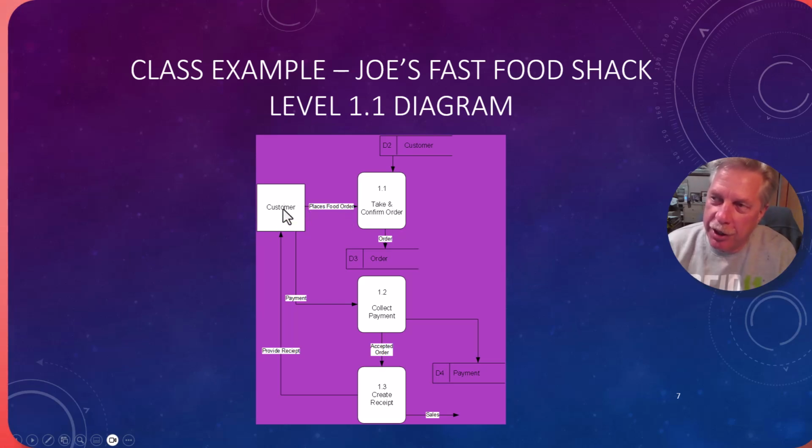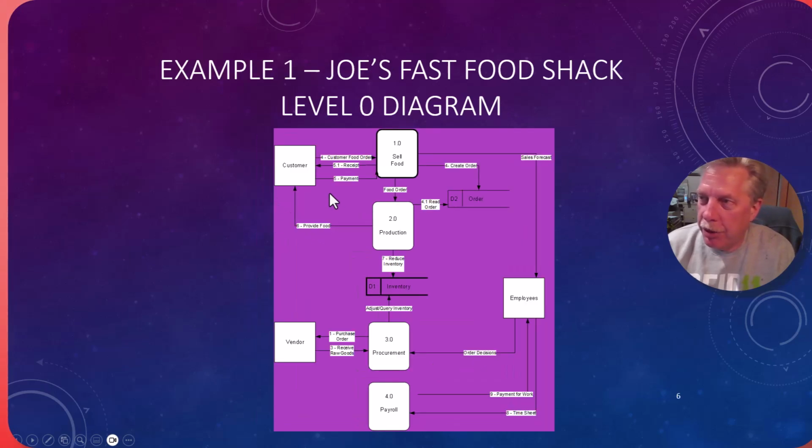Again, we have to bring down the external entities that are related. If we go back up to the context diagram, for 1 we only have one external entity. For 3, we would have employees, and for 4, we would have payroll, and for 2, we'd have one customer external entity.